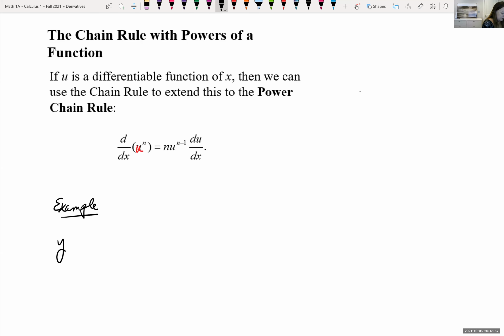Okay, so how about y is equal to x squared all over x cubed minus 4x, and then this is all raised to the third power.